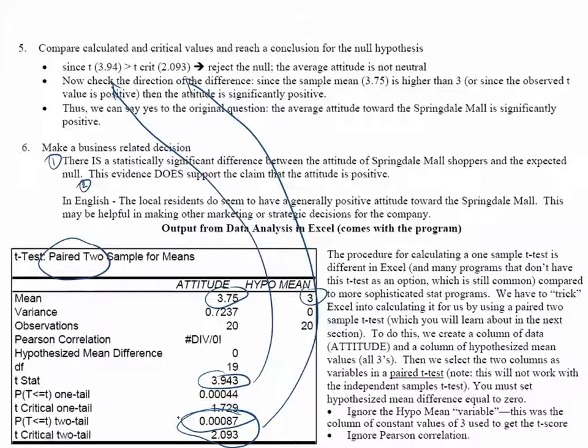The p-value is the probability of getting this result of 3.75 when we expected a 3. Notice that that probability is very low, less than 1/10 of 1%. This is much less than our alpha or decision criteria. So the p-value would also suggest that we would reject the null hypothesis just as the t-critical or t-test has done.